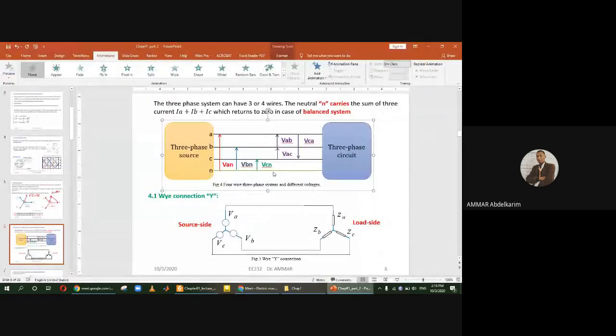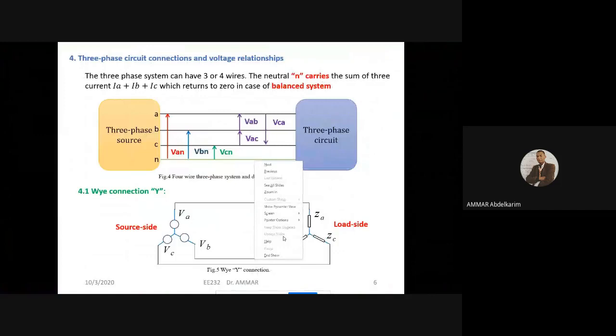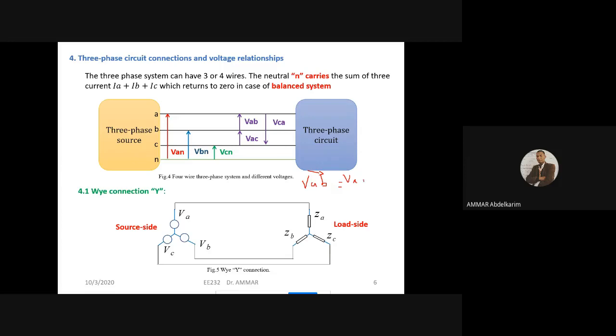Okay, so to determine those voltages, let's see here. VAB, for example, equals what? VAB here, as vectors, equals VAN minus VBN. VAN minus VBN.